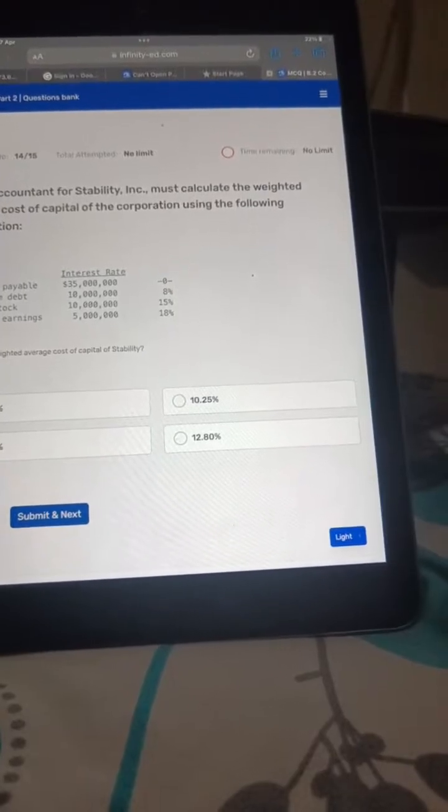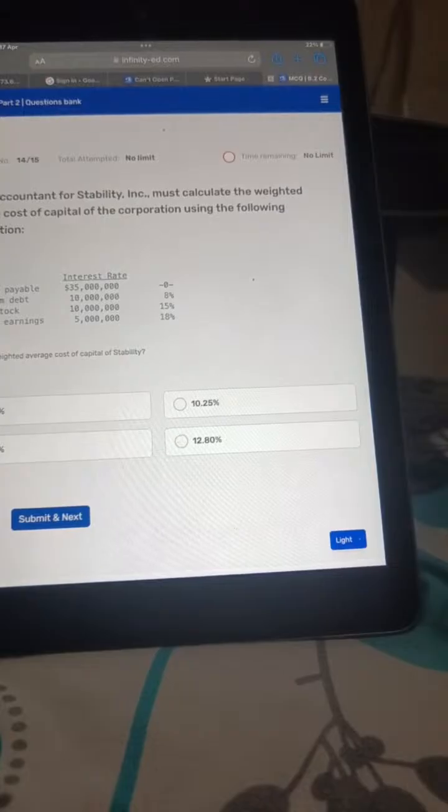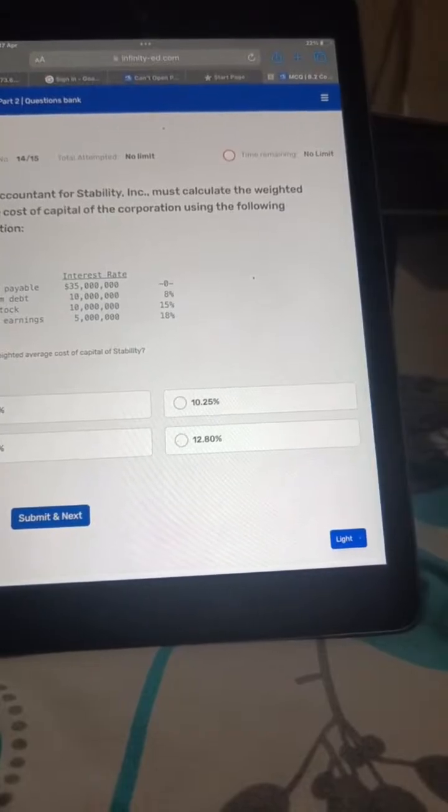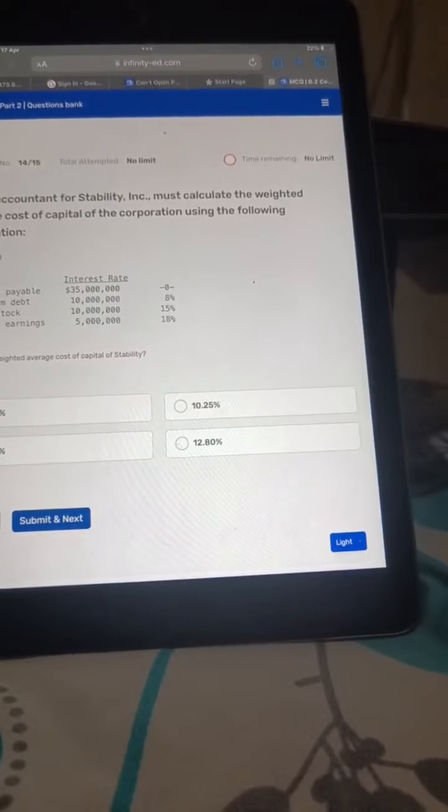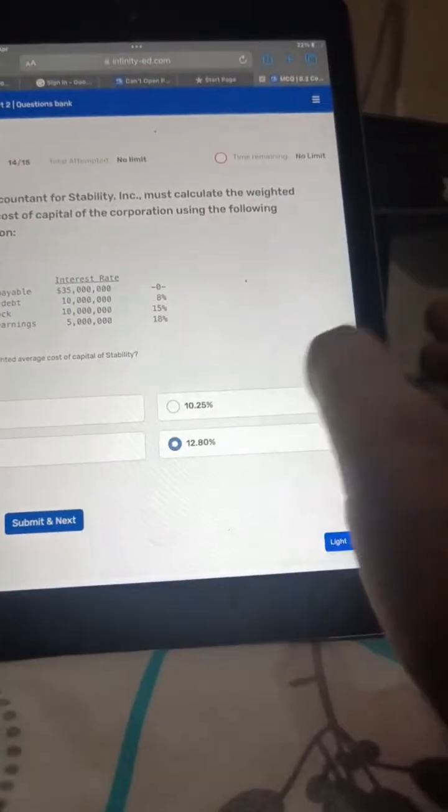And 15 multiplied by 10 divided by 25 comes to 6, and 18 multiplied by 5 divided by 25 comes to 3.6, and 12.8 is the answer.